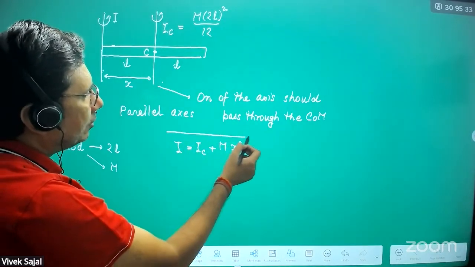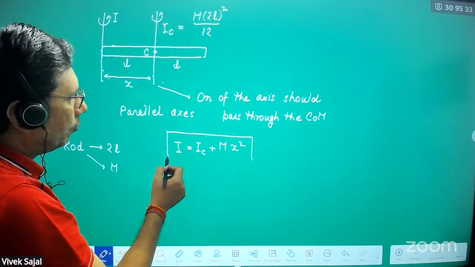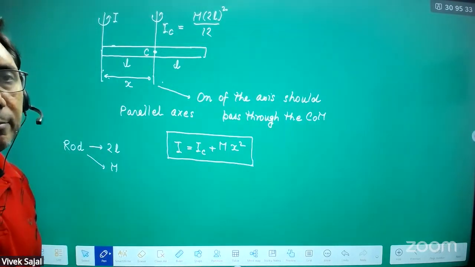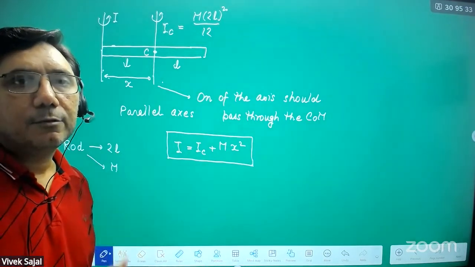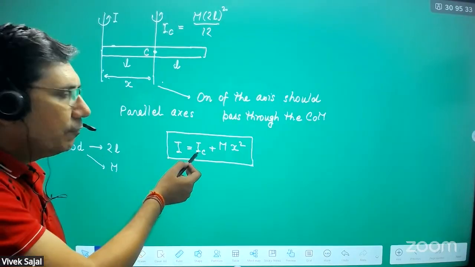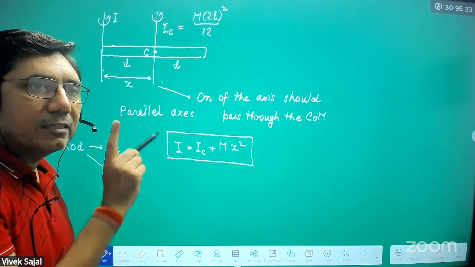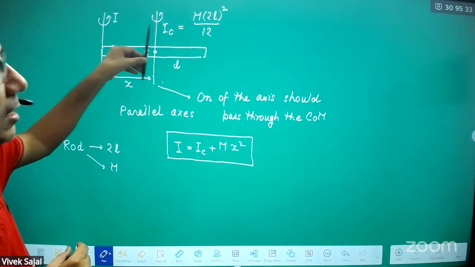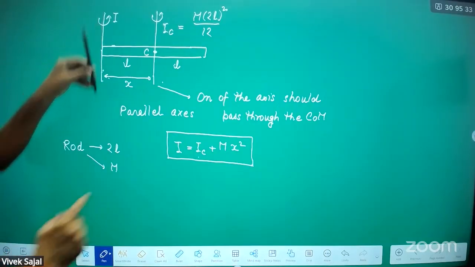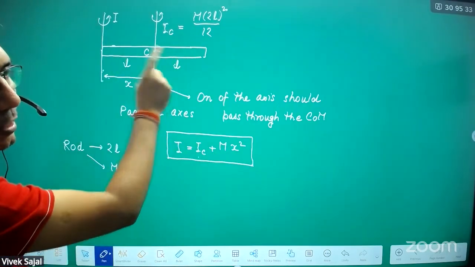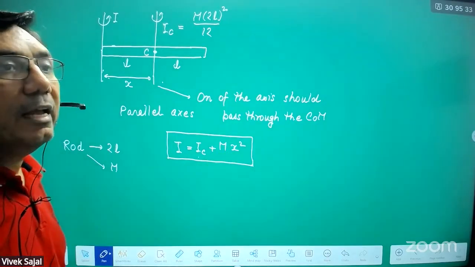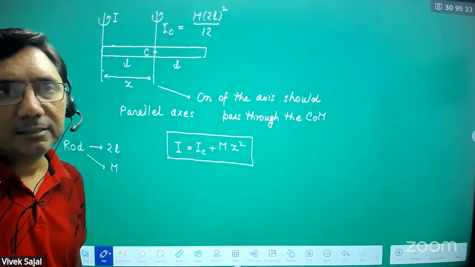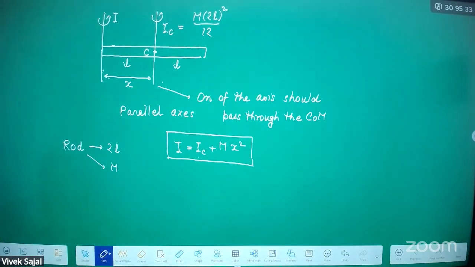So according to the parallel axis theorem, the moment of inertia of an object about an axis will be the sum of the moment of inertia about an axis that is passing through the center of mass and parallel to this one, plus the mass of this body multiplied by x square, where x is the perpendicular separation between these two axes.